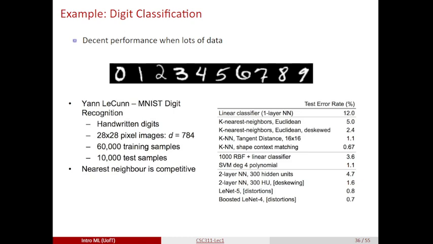The MNIST digit recognition has handwritten digits, it's 28 by 28 pixels, and there's 60,000 training samples and 10,000 test samples. Compared to this digit classification model, the nearest neighbor is pretty competitive. On the right, you can see the test error rates for certain machine learning models when it comes to digit classification.